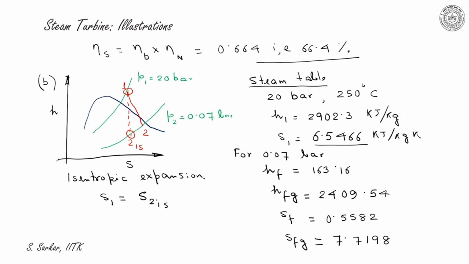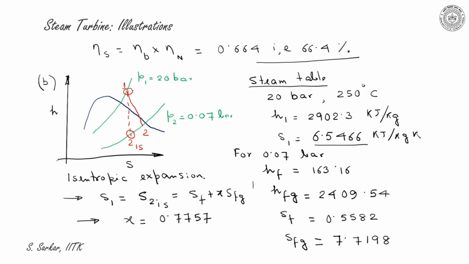Now let me evaluate the dryness fraction. So S2s can be written as SF plus X into SFG. Now you know the value of S1, SF and SFG, and thus you can evaluate X. Thus by solving these I get X equal to 0.7757.